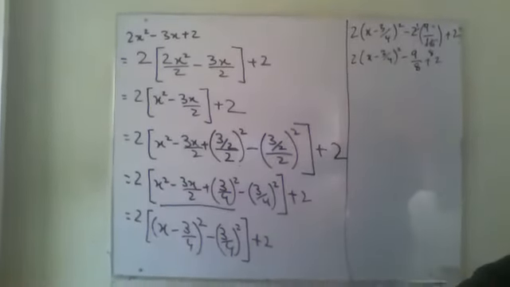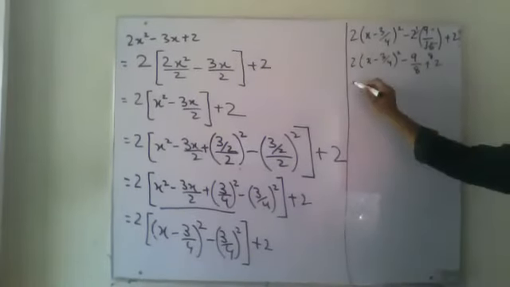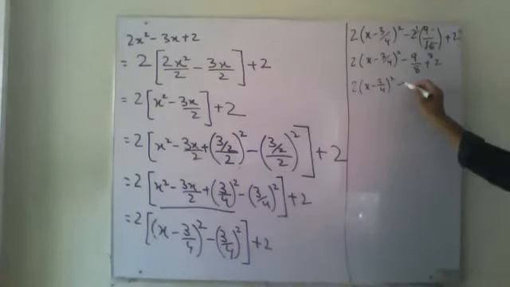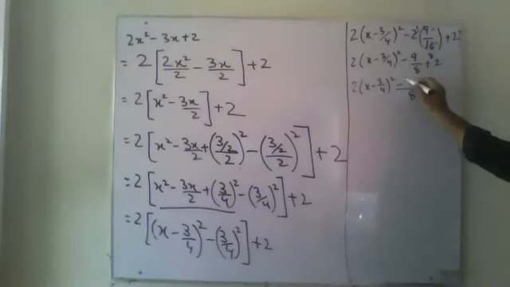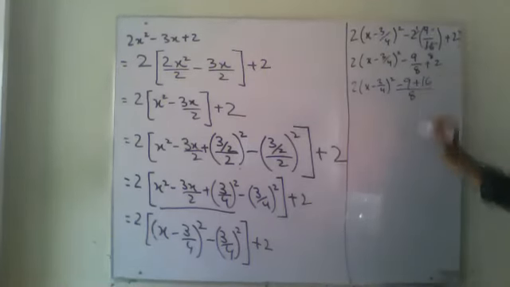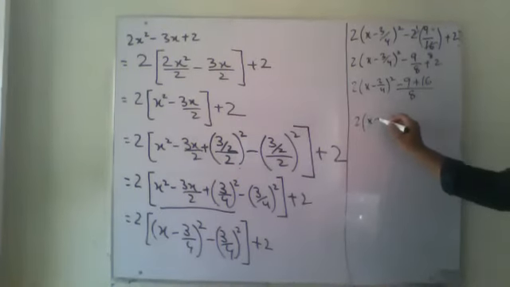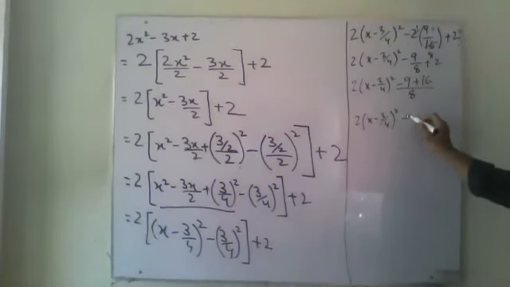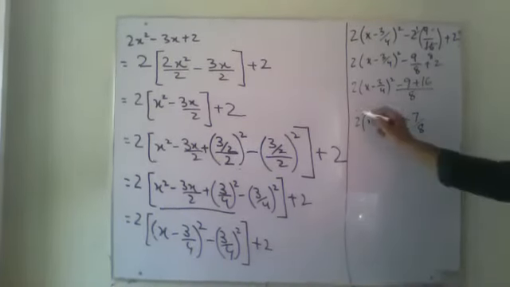Now I am going to take the LCM over here. 2 times x minus 3 over 4 whole square, minus 9 over 8 plus 2, which is plus 16 over 8. When I simplify it, it becomes 7 over 8.